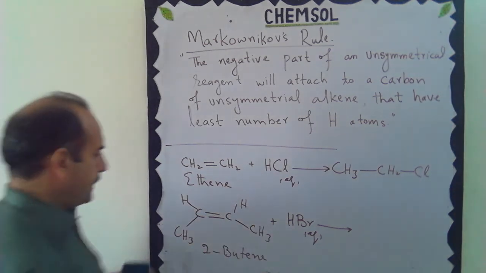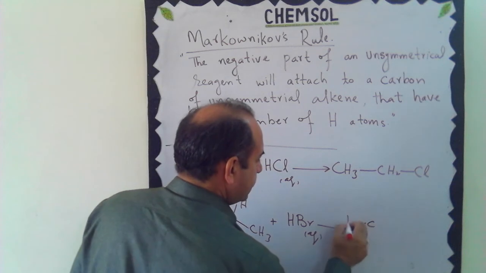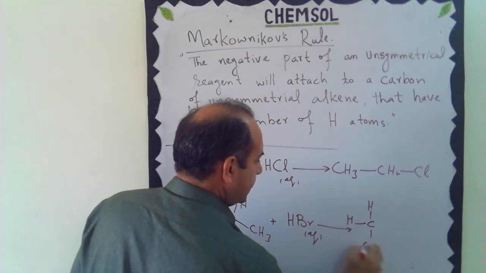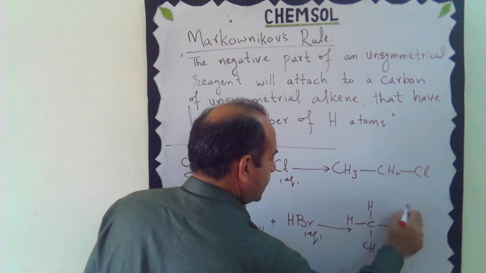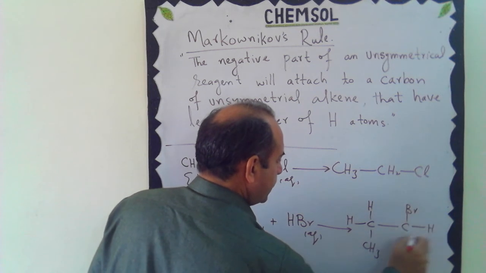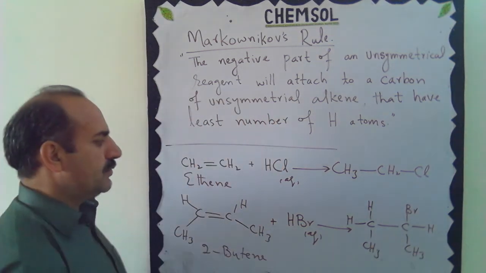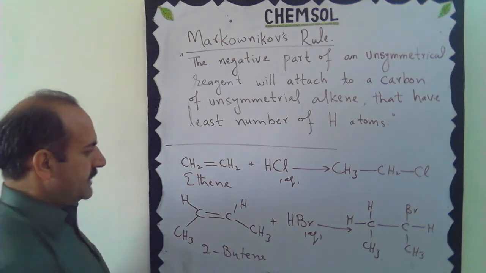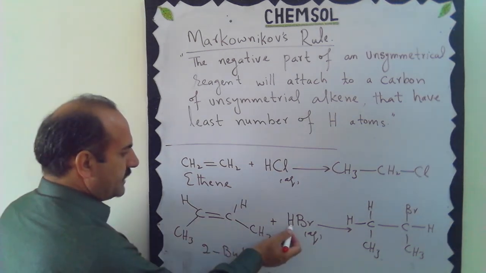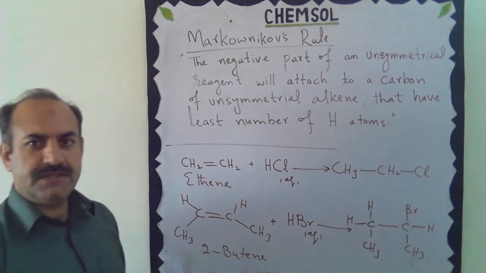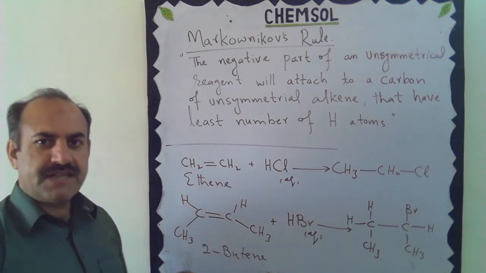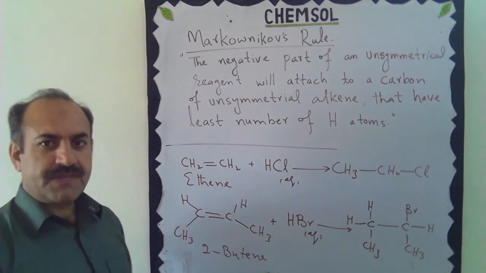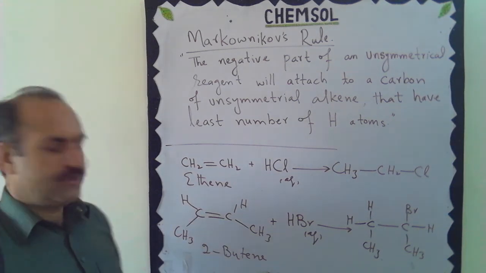There is no problem. For example, we can get CH3CH2CHBrCH3, that is 2-bromobutane. In any case, either we attach hydrogen on this carbon or this carbon, both carbons are available for this hydrogen, so we will get only one isomer.